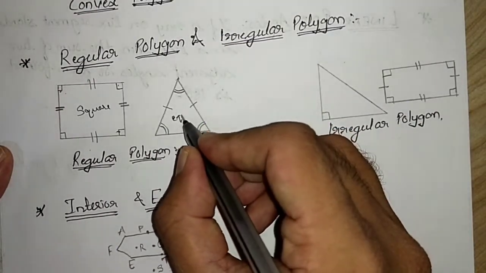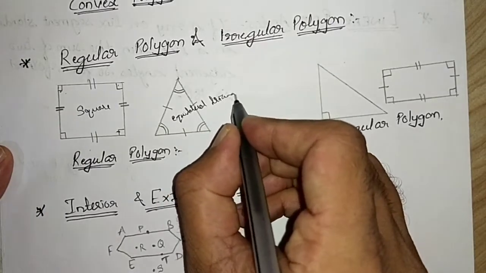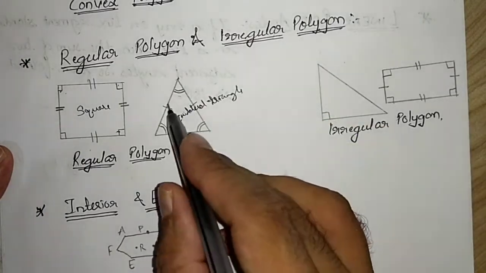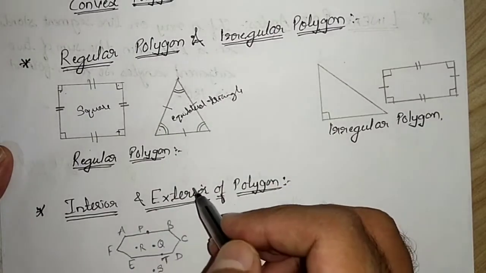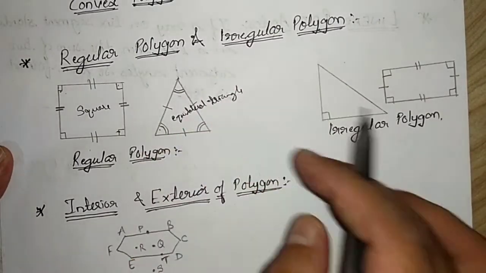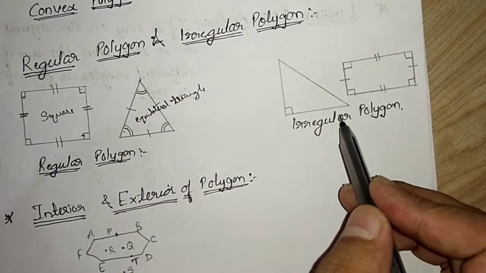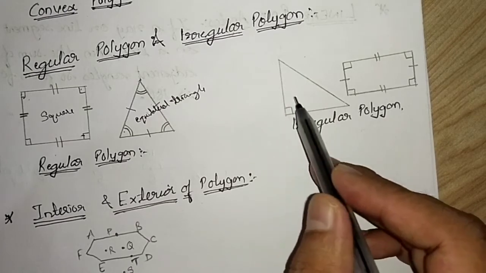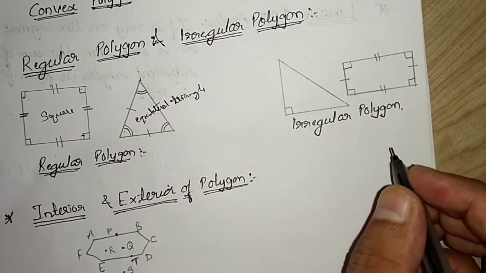This is an equilateral triangle. All the sides of the equilateral triangle are equal and all the angles are of 60 degree. So this is a regular polygon. While in an irregular polygon, all the sides are not the same and all the angles are also not the same.